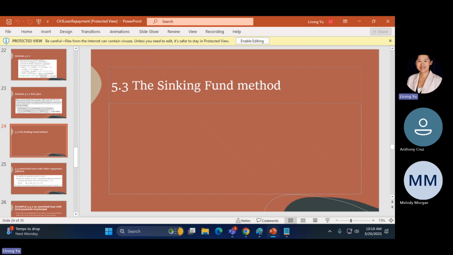It's called a sinking fund. You use a separate account to accumulate all the money you were supposed to pay off the principal, and then use the accumulated value in that separate account to pay the balance of the loan. So you would have a separate fund for the payment of your loan.